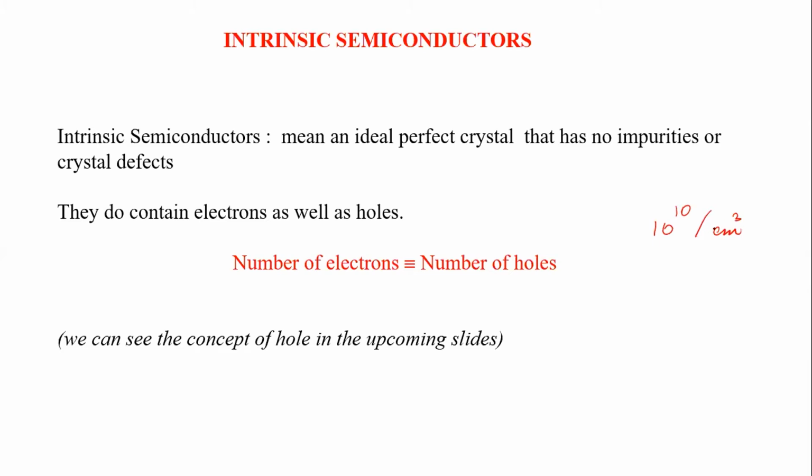This we call the intrinsic carrier concentration, containing both electrons and holes, and it is in this order. It is very low actually. For our practical applications we need more, and here the resistivity is too high. So we will dope to get more carrier concentration in terms of their polarity, p or n type.